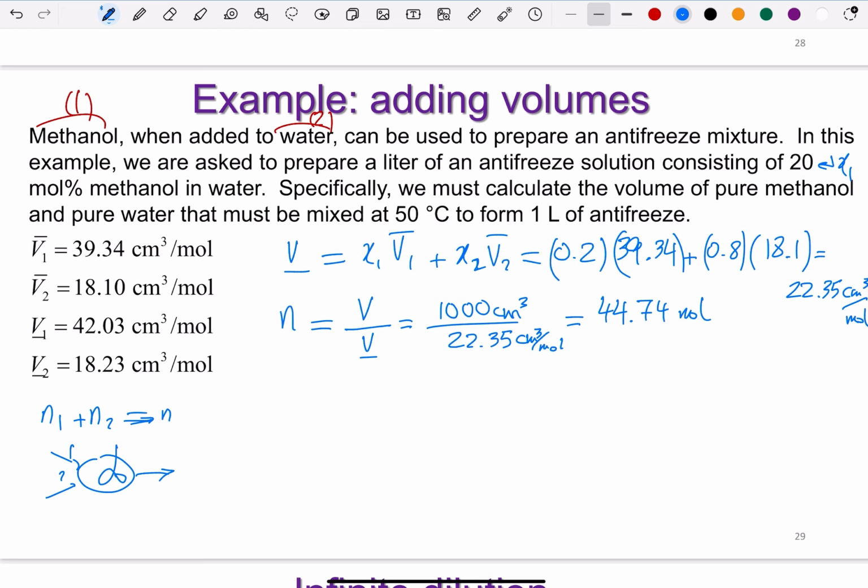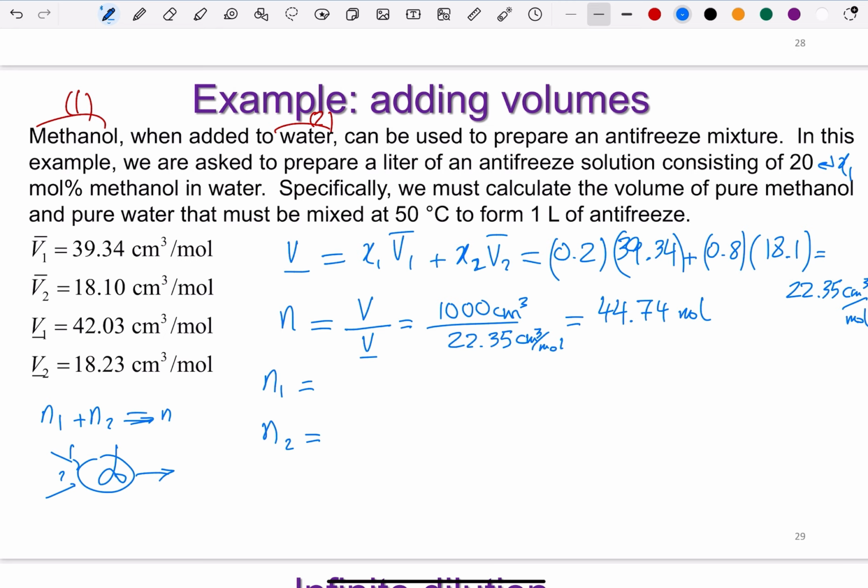Now, can you tell me what N1 and N2 are? N1 is the number of moles of methanol. N2 is the number of moles of water. So you have the total number of moles in the mixture. You have the mole fraction in the mixture, right? So the amount of moles of methanol will be 20% of the total moles.